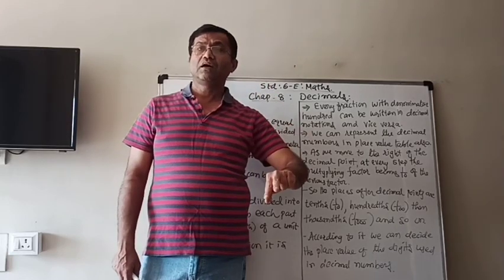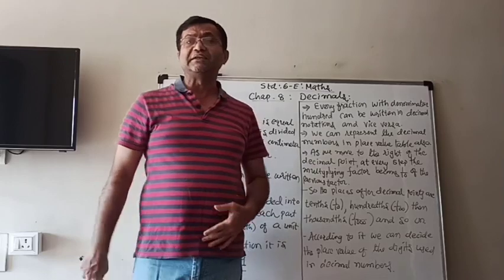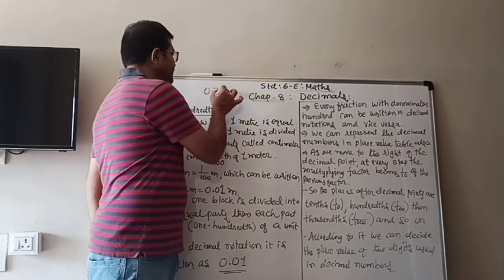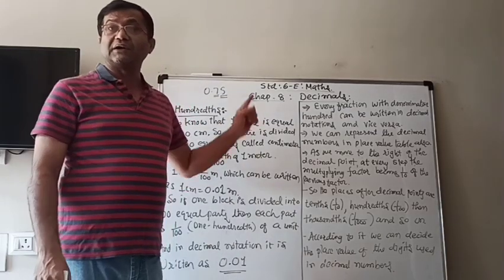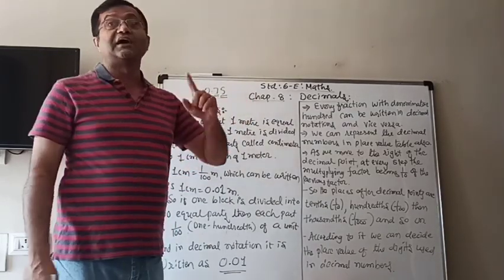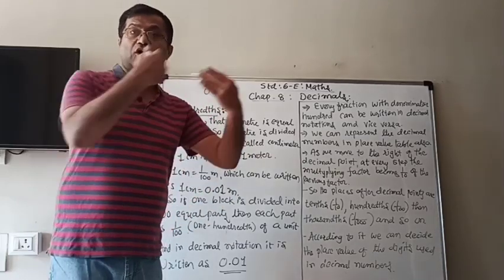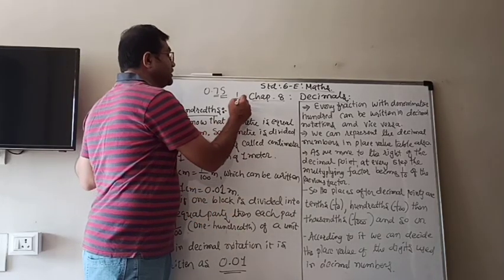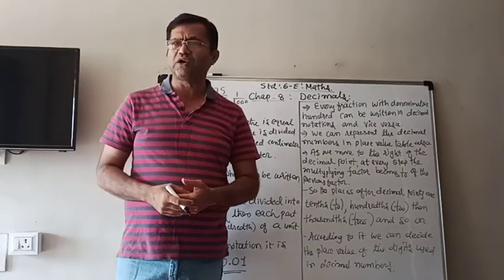Then it is 1/100. If you go to the next place, like in 0.75, this digit is in the tenths place, but that one will be in the hundredths place. And if you go more, it will be the 1/1000th place, and so on.